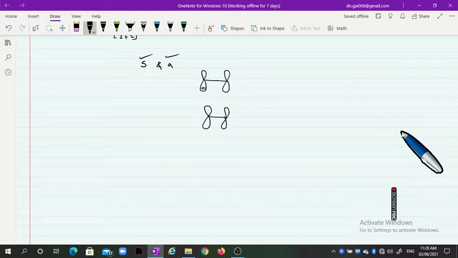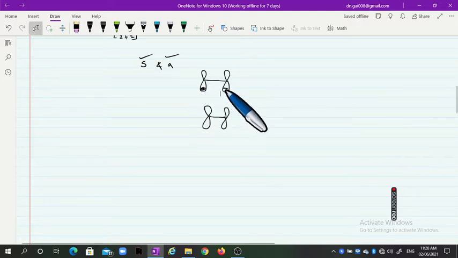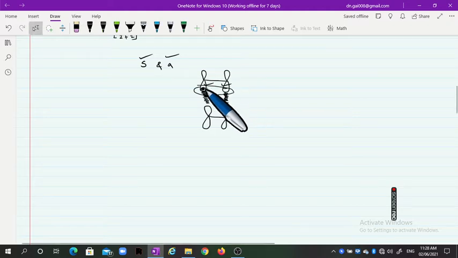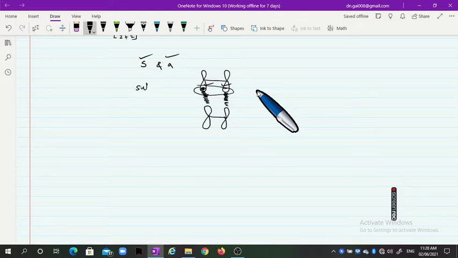When the first lobe and the second lobe are added, that is the first phase, when it is added to the second p orbital of the second molecule, this is the same phase. The first lobe and second lobe are from the same phase, therefore it is called a suprafacial mode of addition.